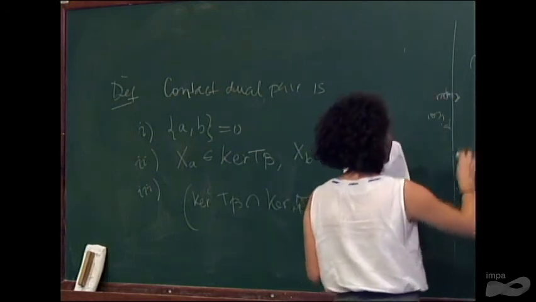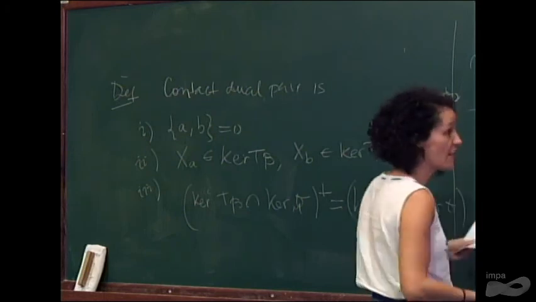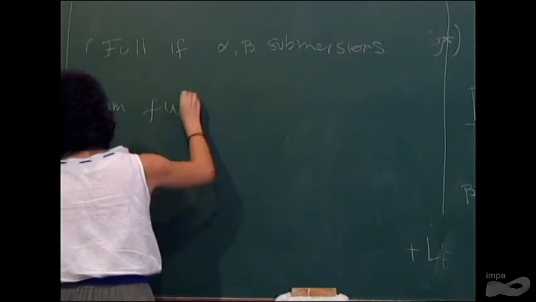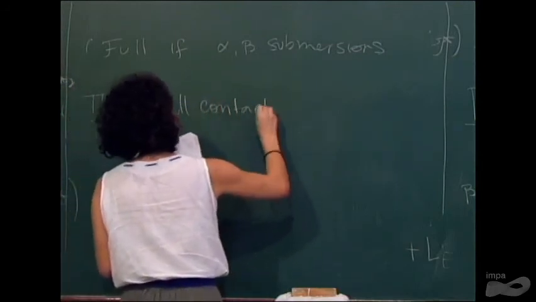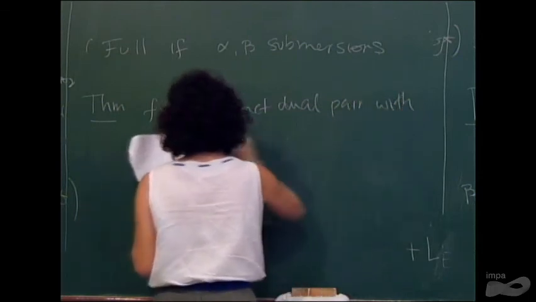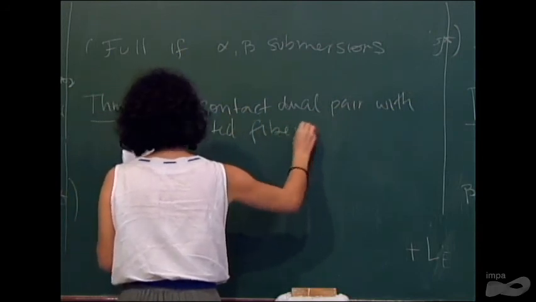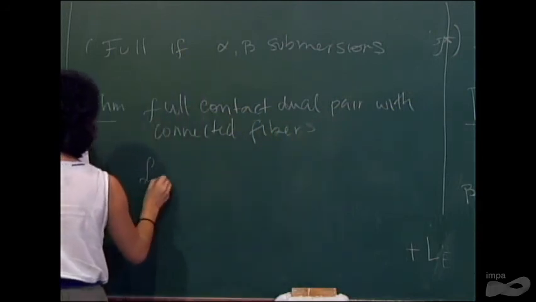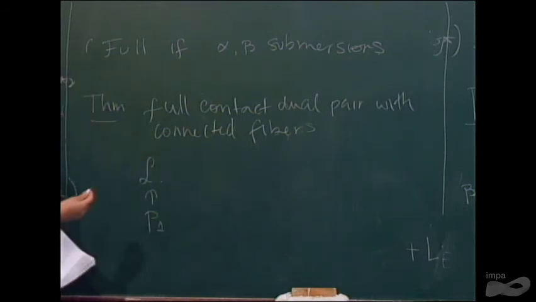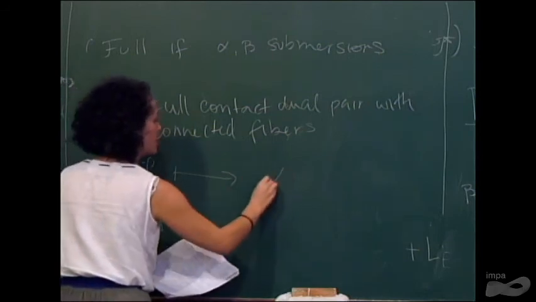And the result is that if you have this full contact dual pair with connected fibers, then the map that assigns to a leaf of P1, right? So what you can do is look at the inverse image.